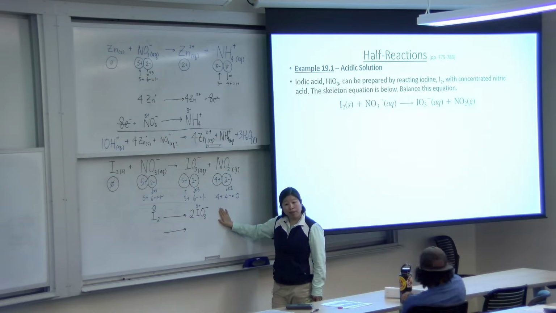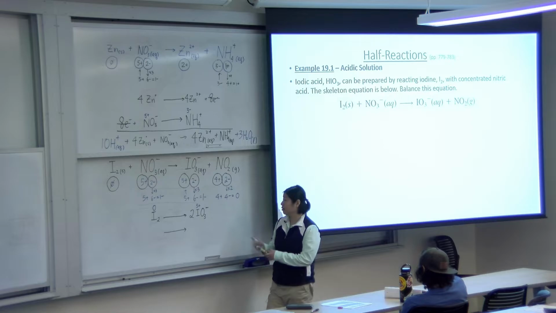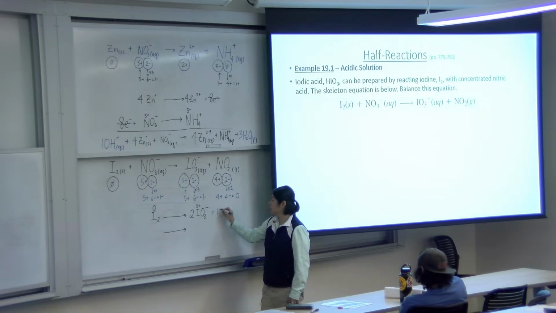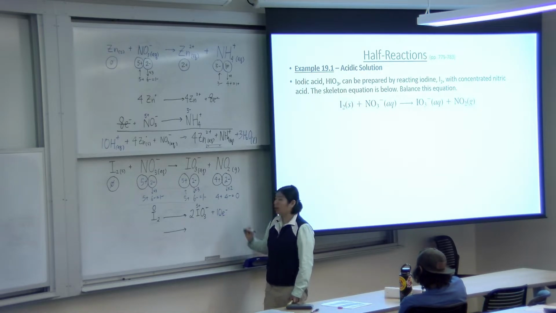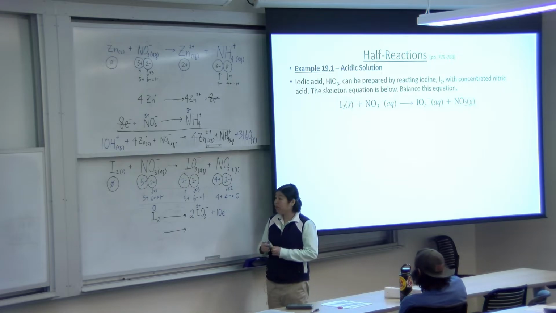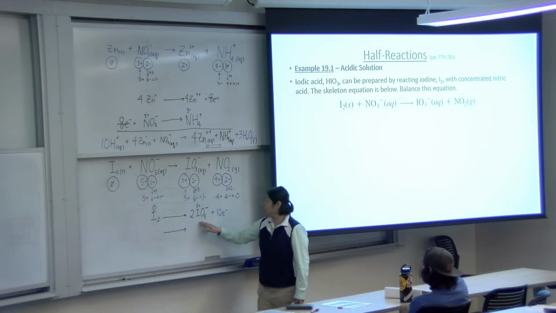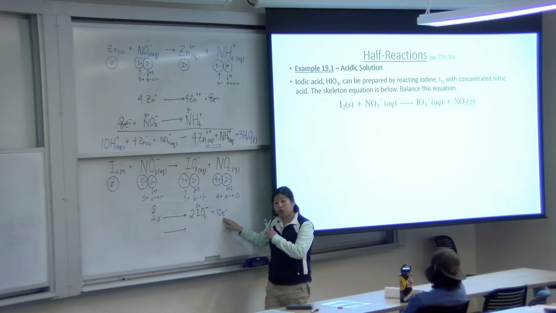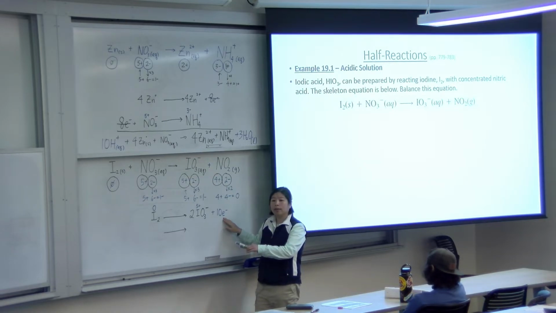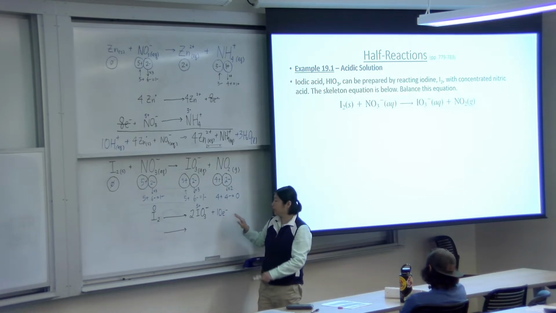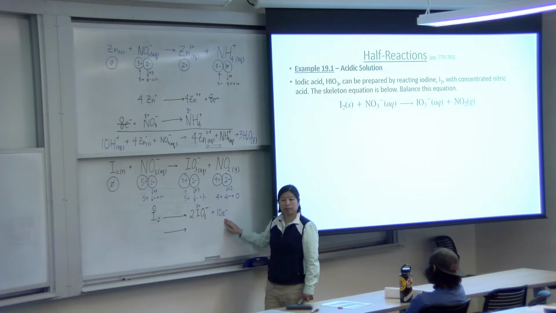But do you have 1 iodine? You have 2 iodines. So really it should be 10 electrons. Did everyone follow that logic? If it was 1 iodine, you would need 5 plus. But because there are 2 iodines undergoing this process, you should have 10 electrons.